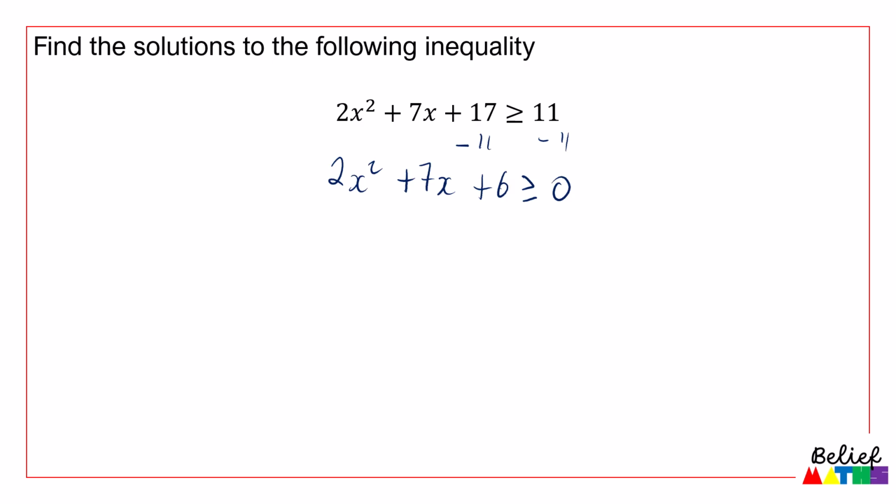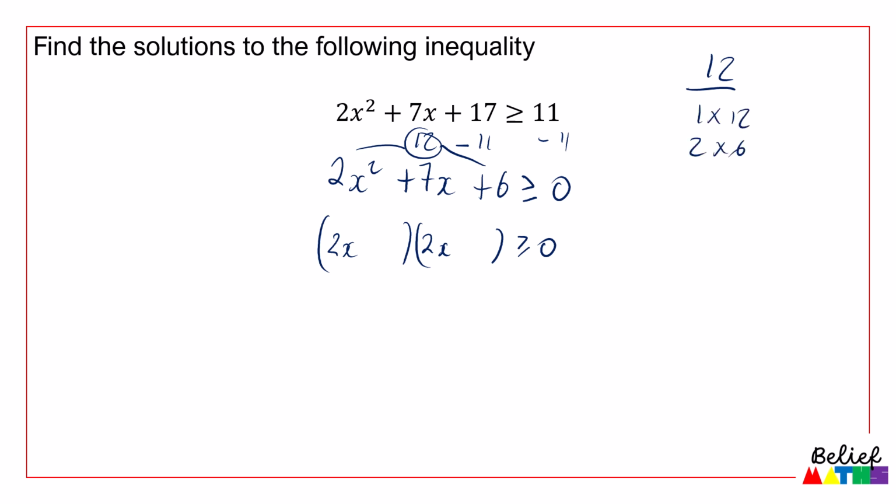Now we're going to factorize this quadratic. We've got our two brackets. We've got 2x in each of them. And remember, we're looking at 2 times 6, which is 12. Looking at our factors of 12 that add to make 7: 1 times 12, 2 times 6, 3 times 4. 3 and 4 multiply to make 12 and add to make 7.